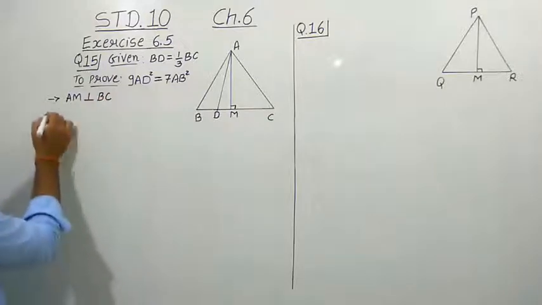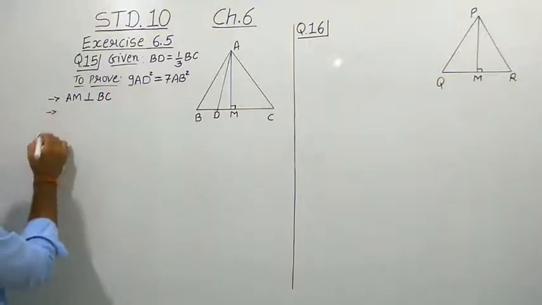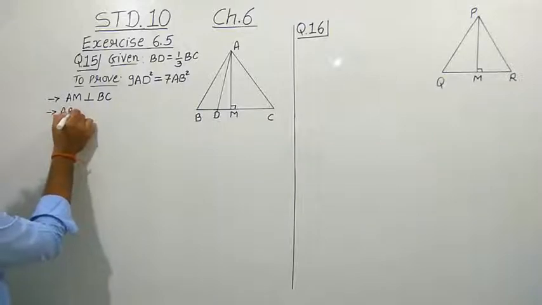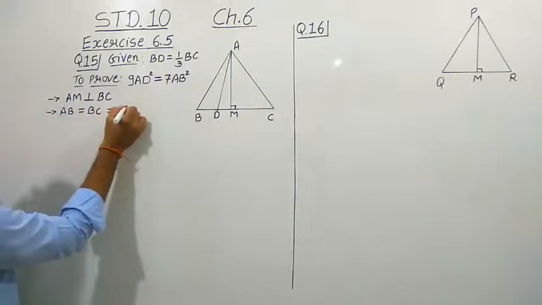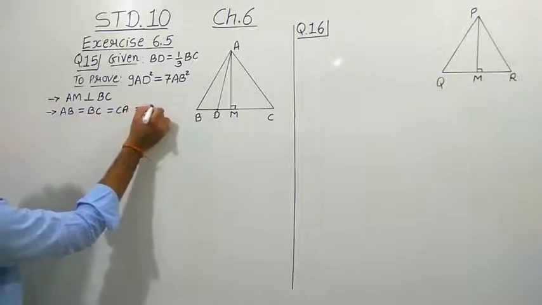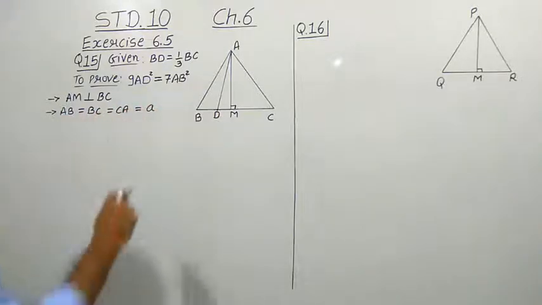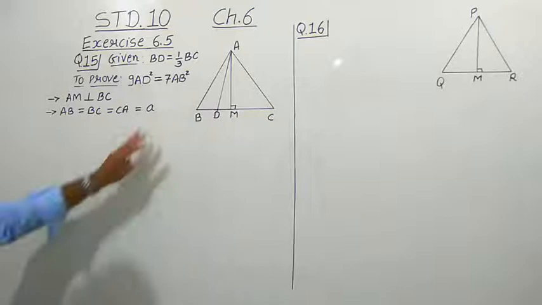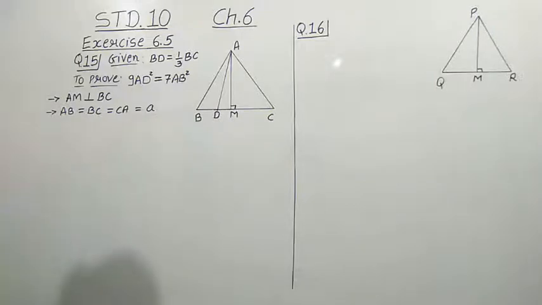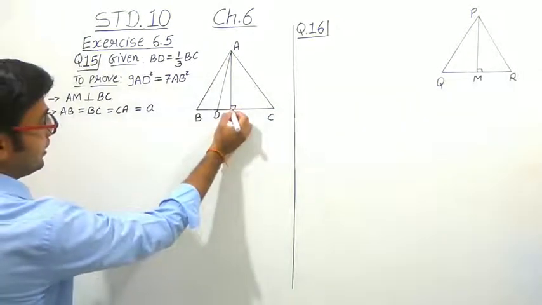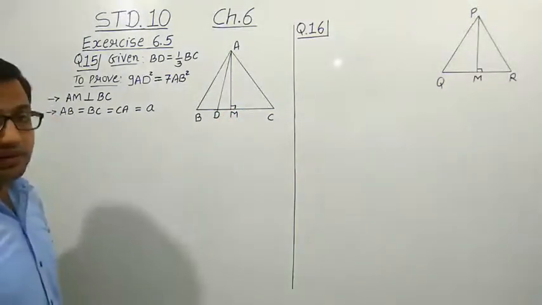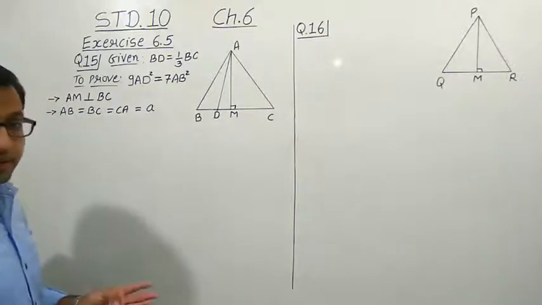And let us suppose that all the sides are equal, so suppose AB is equal to BC is equal to CA is equal to small a. So all these sides of this equilateral triangle are a. Now we know that the altitude in the equilateral triangle is also the median.